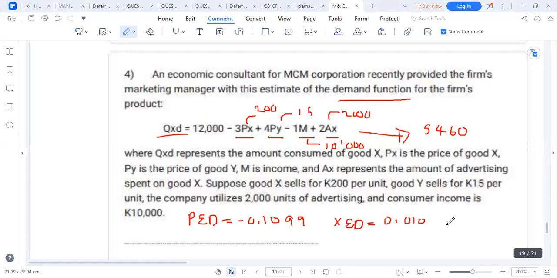Then the income elasticity of demand. Minus 1.8. 1.8 what? 3.5. What's the comment here on the price elasticity of demand?